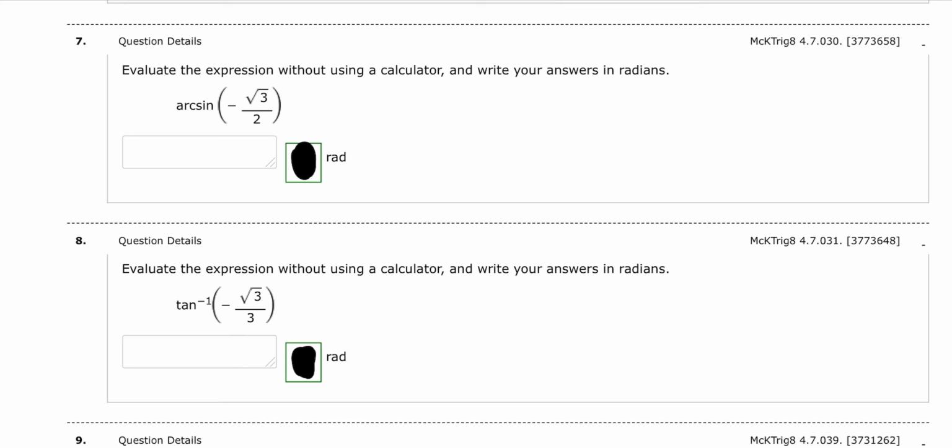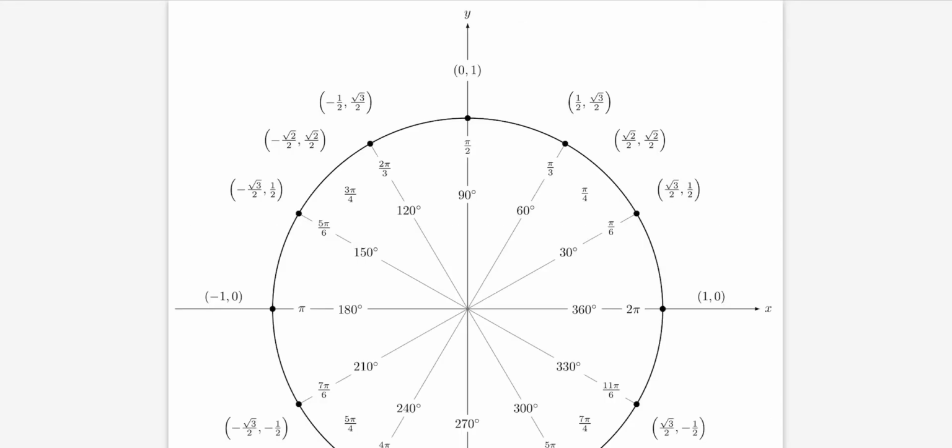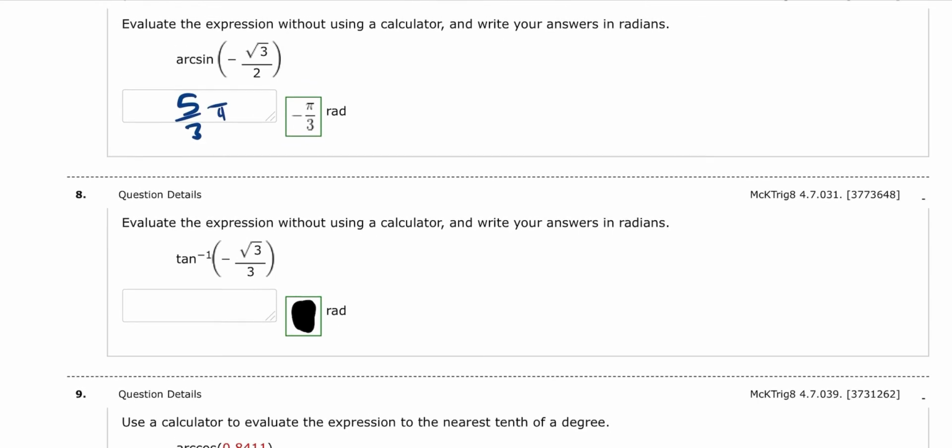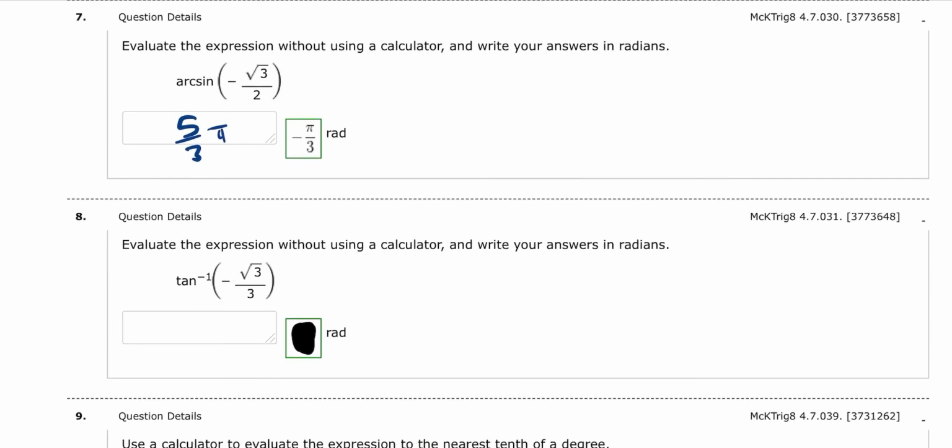Arcsine of negative radical 3 over 2. So remember, inverse sine is defined here or here. Since it's negative, it's going to be down here. And sine is a y-coordinate, so it has to be 5/3 pi. Whoops, sorry about that. 5/3 pi, however, is not in the interval.